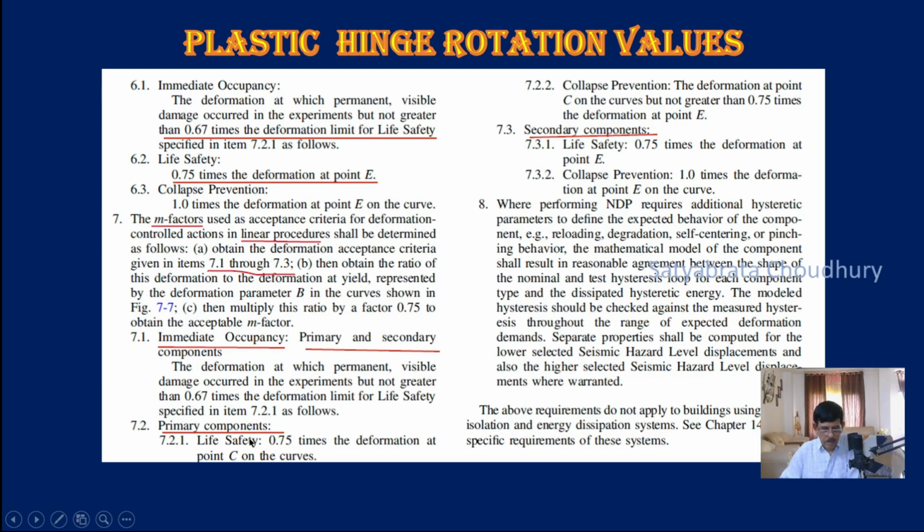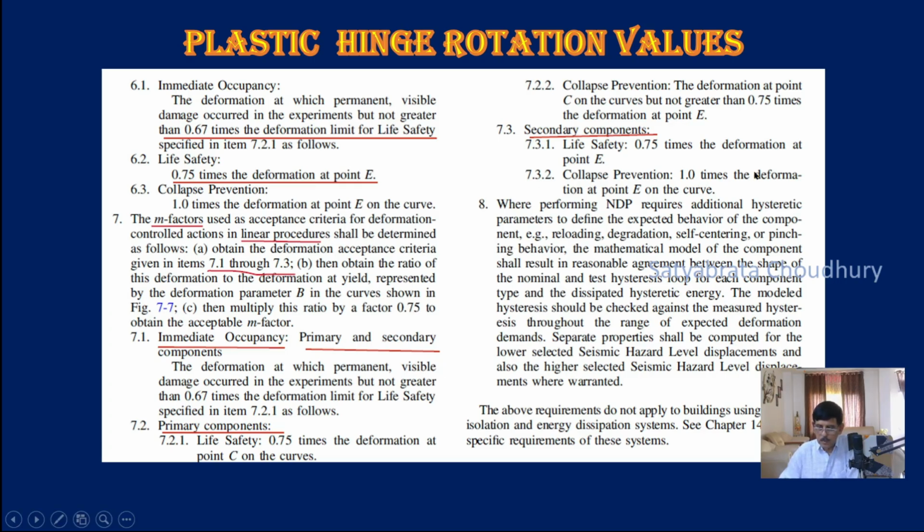Then, for primary components, life safety is 0.75 times the deformation at the point C, that is the segment length small a. Collapse prevention for primary components is the deformation at the point C, the same as the segment length A, but not greater than 0.75 times the deformation at E. For secondary components, life safety is 0.75 times the deformation at the point E, which is equal to B in our table.